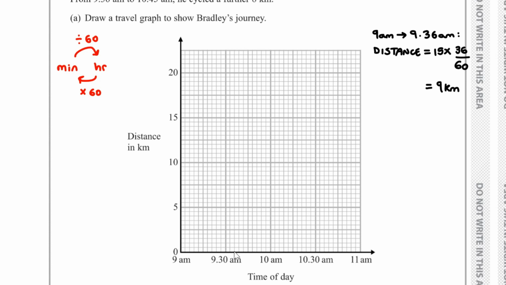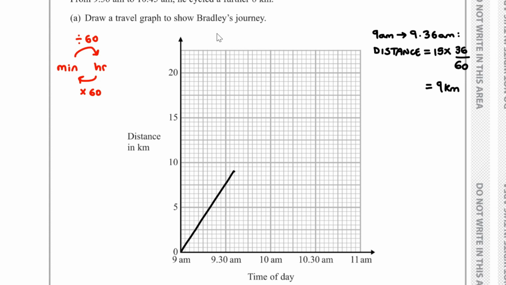So 2 squares across will be 9:36, and the distance is 9. So here is where we have our first point. So let's just join all this up with a straight line, as we see here. So this is the first part of the journey.